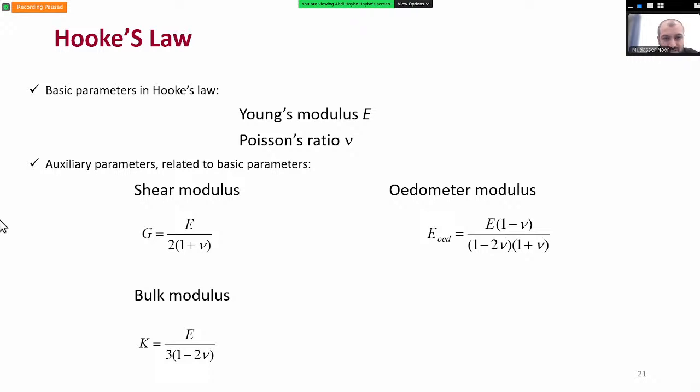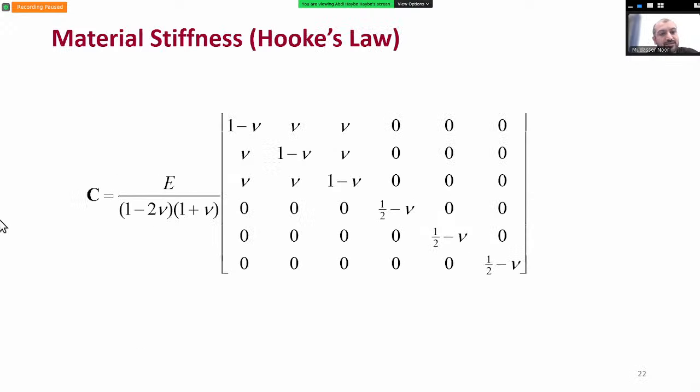In the geotechnical analysis, you would use the shear modulus, the bulk modulus, and in case of a 1D analysis, you would also use the oedometer modulus. So the stiffness matrix for this case would look something like this, where you have the use of the Young's modulus and the Poisson's ratio, and you can see it's a symmetric matrix. Next slide.